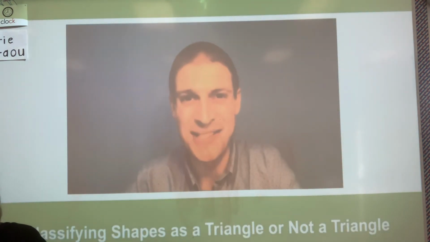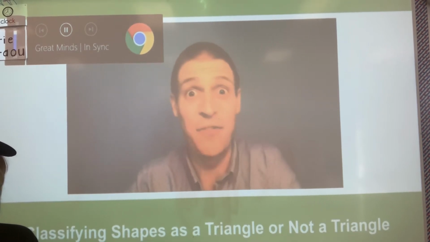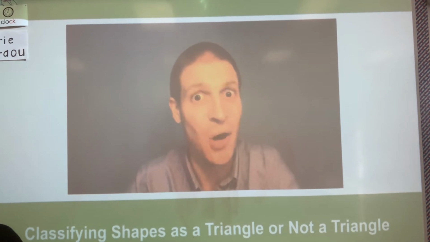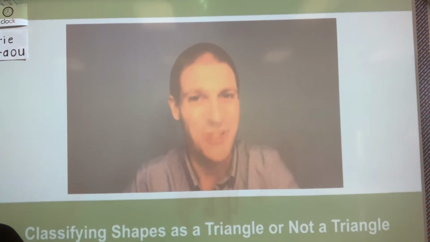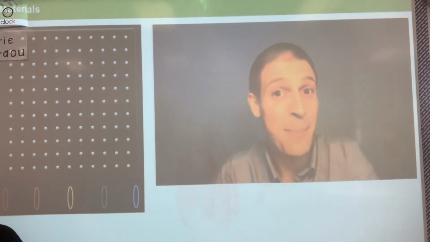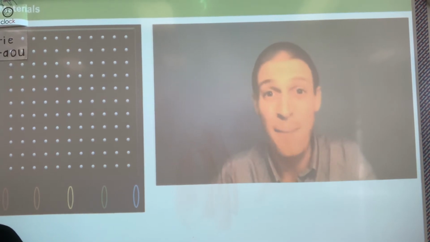Hello, students. I'm Mr. Hammer. Today, we are going to look at a lot of shapes and decide if each one is a triangle or not a triangle. Let's get started. Here is a picture of an online geoboard that we are going to use later in the lesson, but you do not need it now.